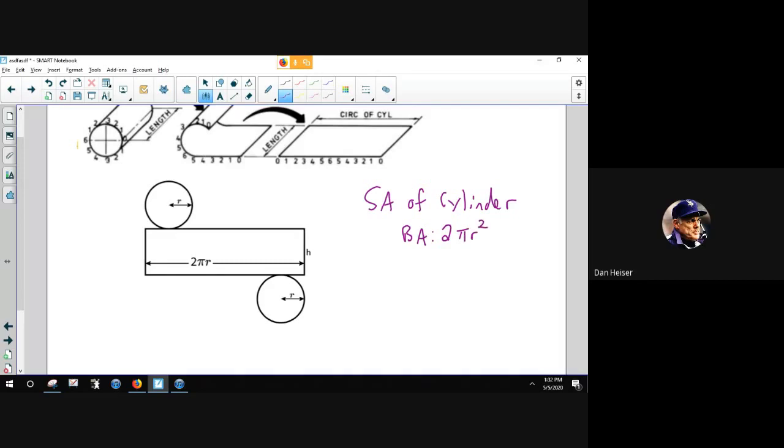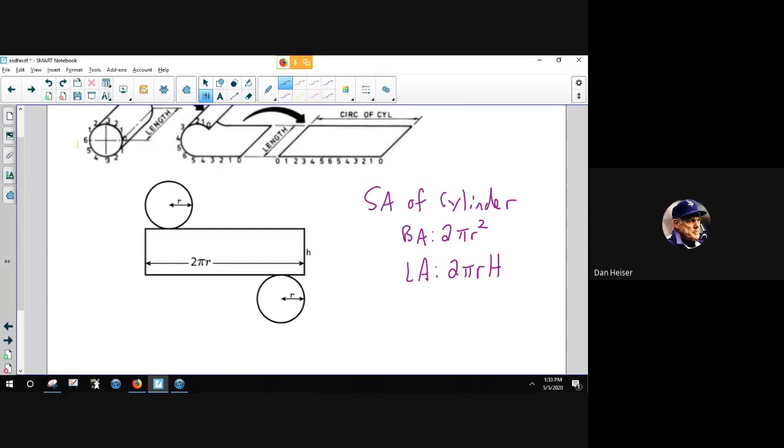Area of a circle is pi r squared, and we have 2. We know the lateral area, the area between the bases, is a rectangle. And that rectangle has a length of 2 pi r, and it has a height h.